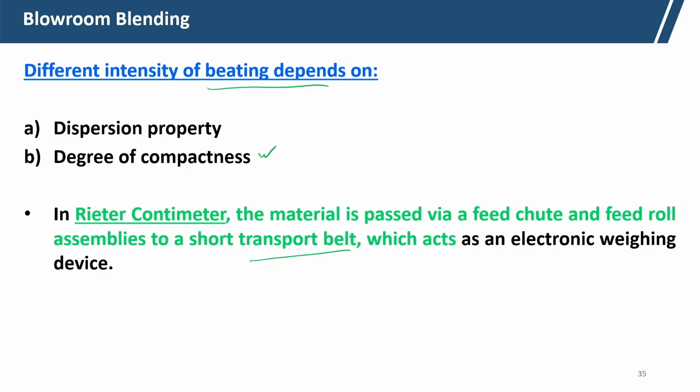So, the intensity of beating is different if we use different fibers or different compactness. We must ensure that the intensities of beating are different, to get the final product before mixing with almost even openness.